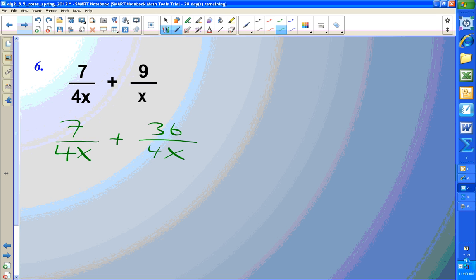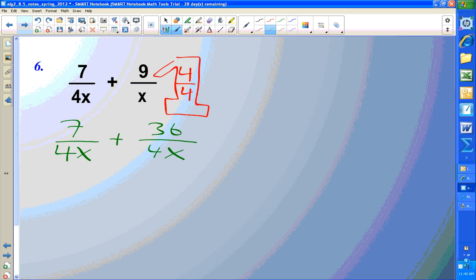So in fact, you're multiplying by 4 over 4. What's that equal? 1. All we're doing is multiplying by 1 in this special form of 4 over 4. It's the only thing you can multiply by and not change the value of the fraction, or any other number for that matter.